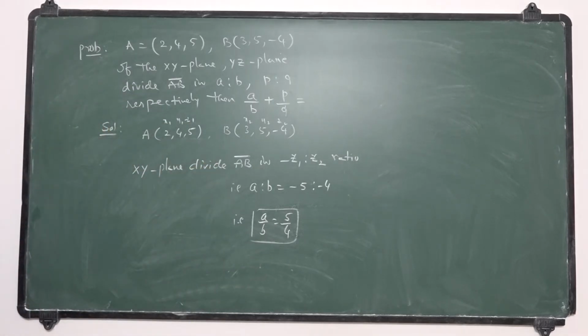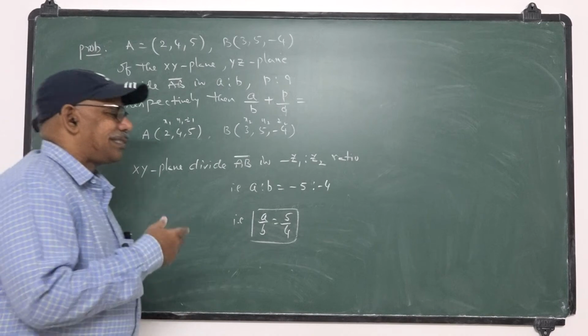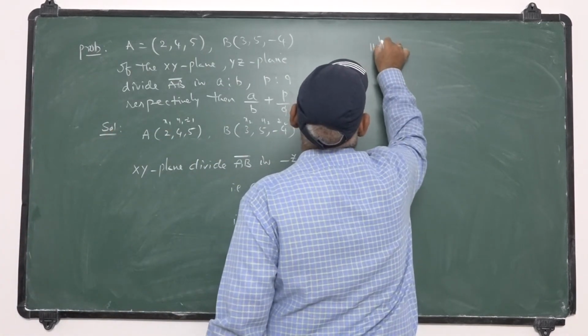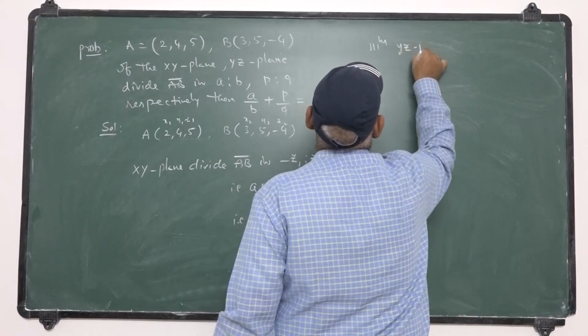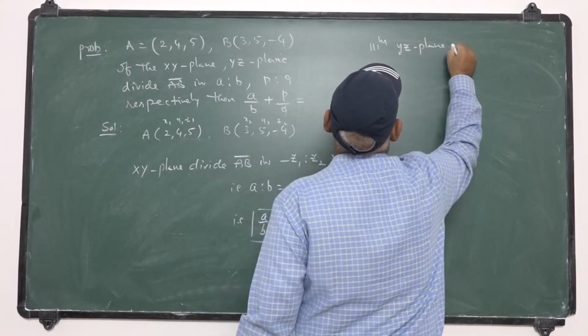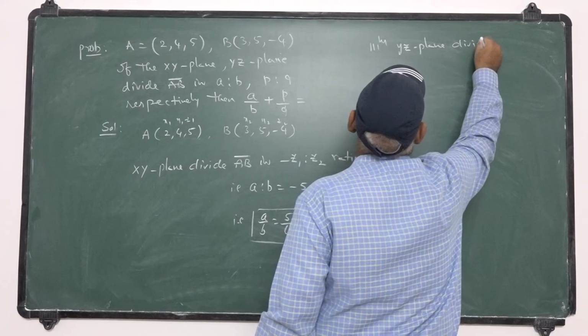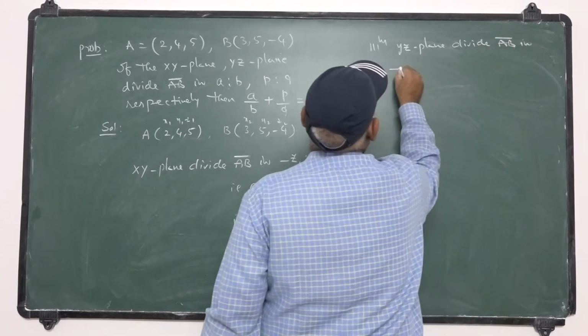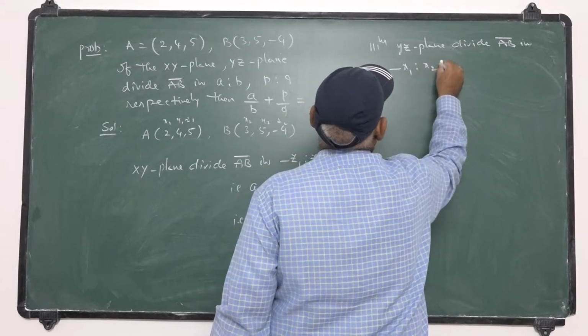The XY plane divides the line segment AB in the ratio minus Z1 is to Z2, where Z1 and Z2 are the Z coordinates of A and B. Similarly, the YZ plane divides AB in the ratio minus X1 is to X2.